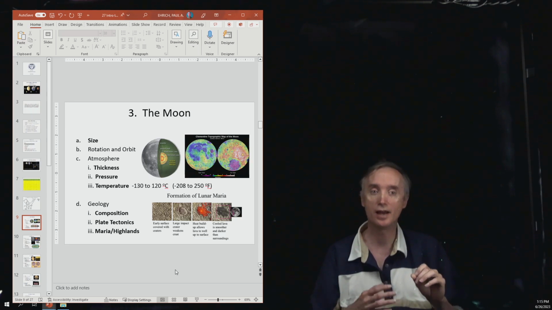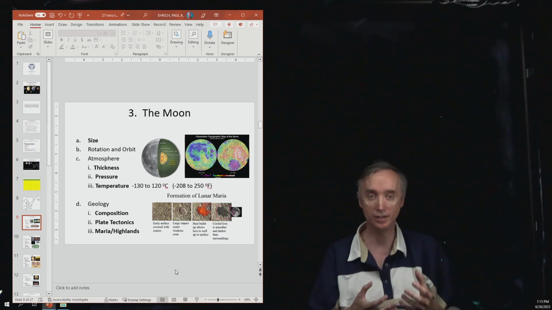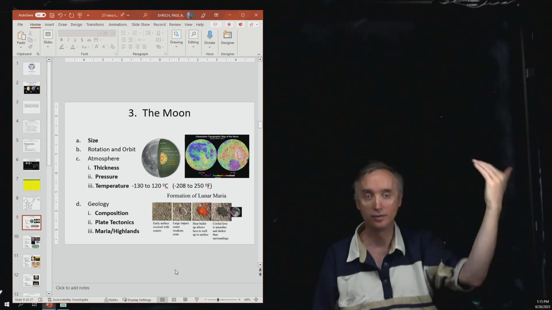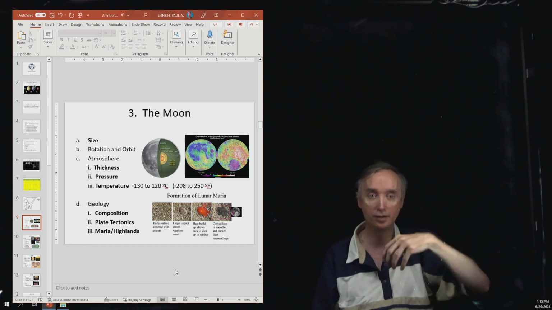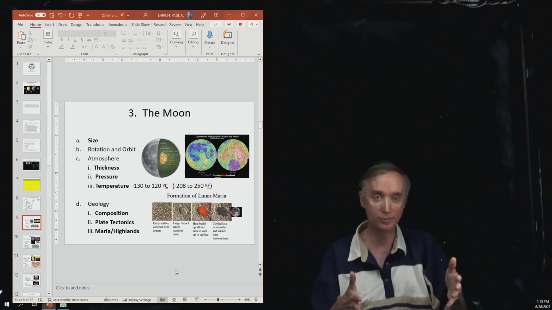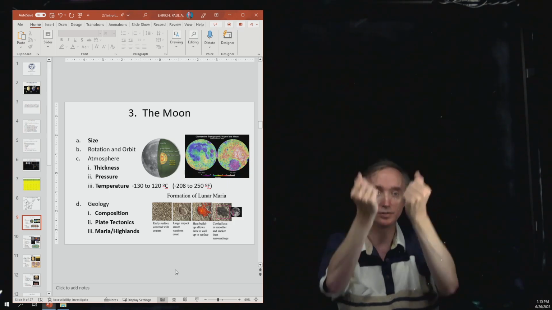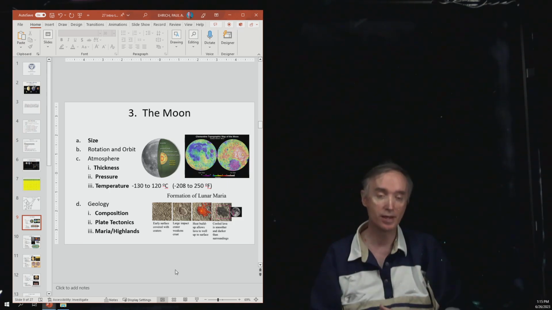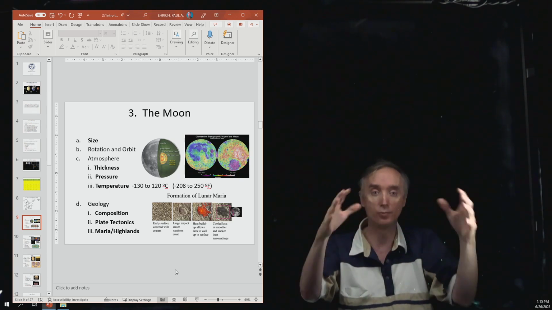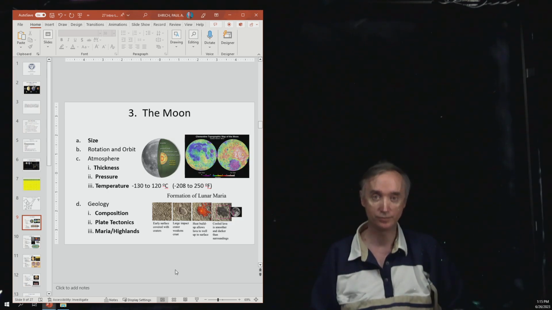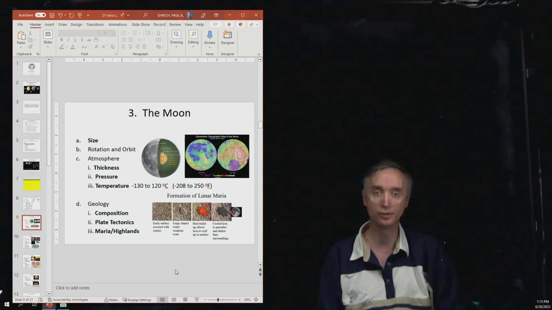Okay, because the atmosphere helps to hold in heat. And so if you have a thin atmosphere, then that means that during the daytime, all of that energy from the sun is going to be coming through and hitting the ground, and there isn't going to be much of an atmosphere to block it. At night, all of that heat is going to escape into the air or into space, and so there isn't going to be much of an atmosphere to help hold in that heat. So either incredibly hot or incredibly cold.